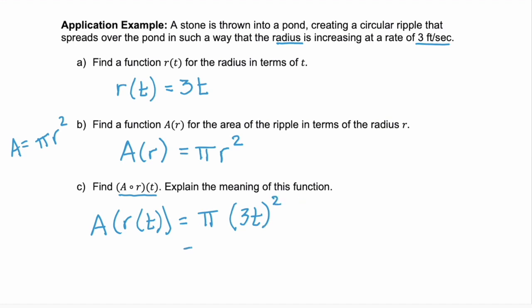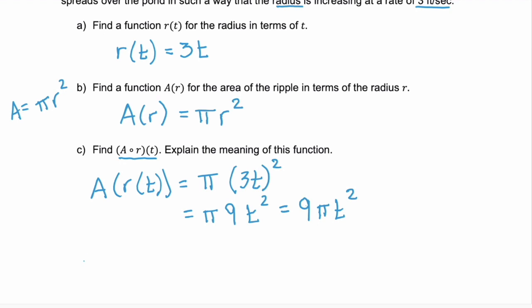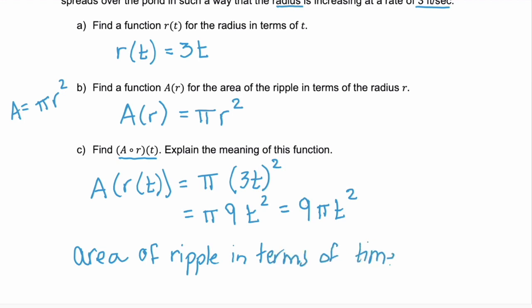And if we simplify this, we have pi times 9 times t squared, or in proper math grammar, 9 pi t squared. Well, what does that mean? What did we just find? We found the area, right? That's the area function of the ripple in terms of time. We have just rewritten area as a function of time.